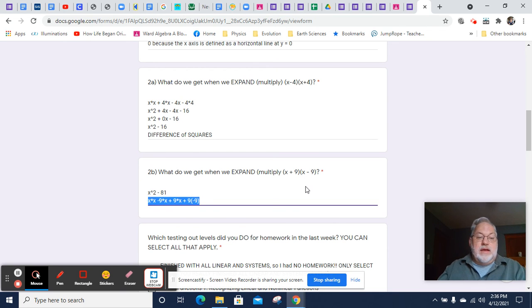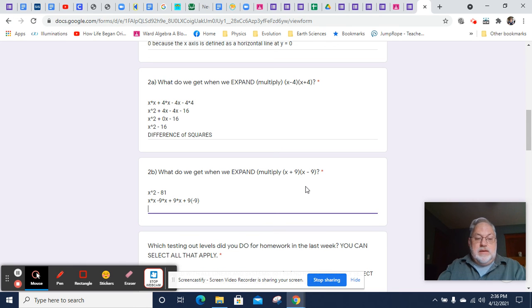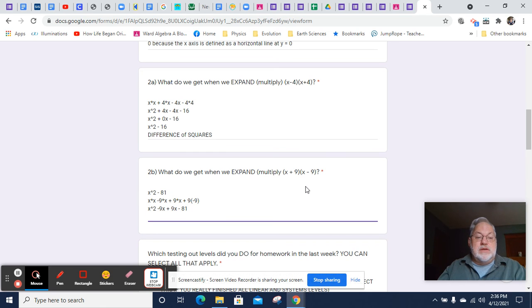Okay, and we put all that together. The x times x is just an x squared. That's a negative 9x. That's a positive 9x. And that's a negative 81. 9 times negative 9 is that. And then we can put that together even more. Negative 9x and positive 9x is just zero, so that's going to become a plus 0x, and we don't need to write it down.